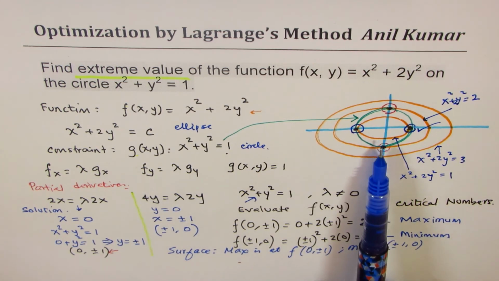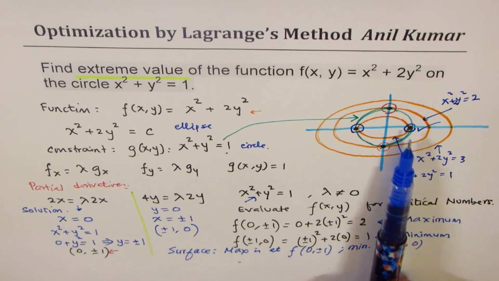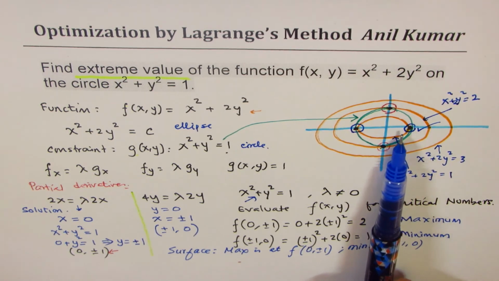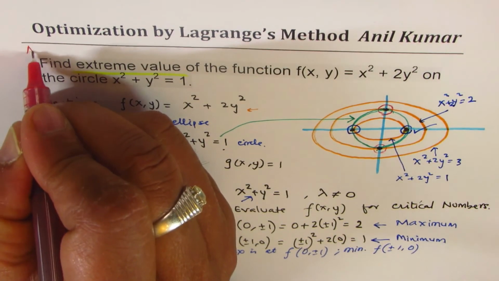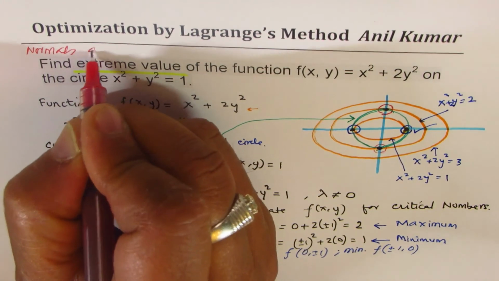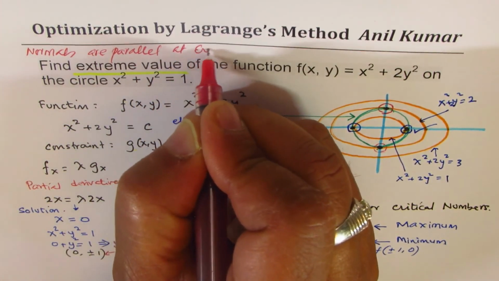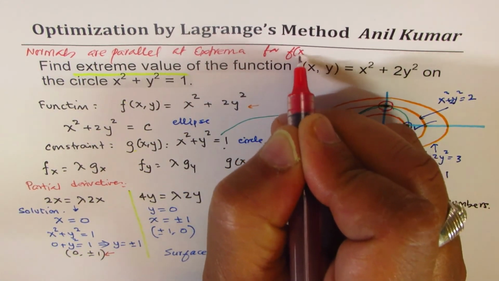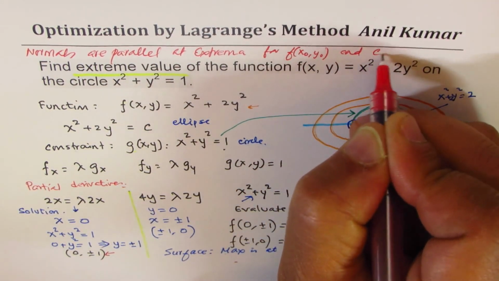But I hope this concept from where we really started is absolutely clear. What you notice at these points where you have extrema is that the normals are parallel. So what we take from here is that the normals are parallel at extrema for the function and the constraint.